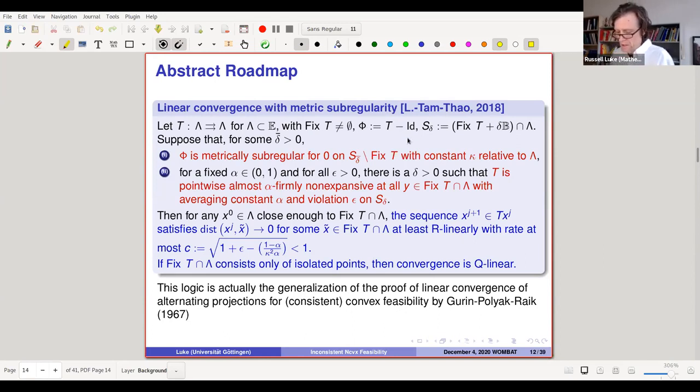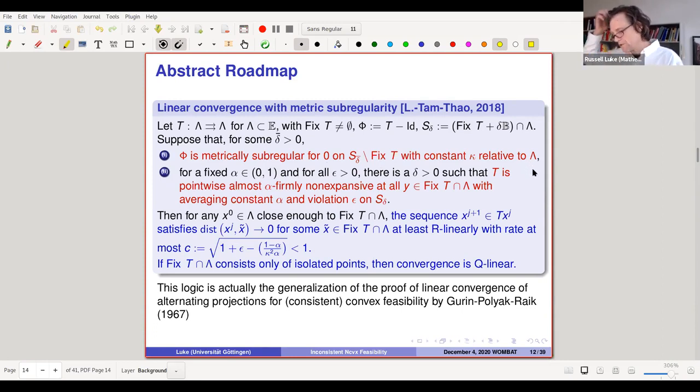We're looking at the residual of T. With delta, I'm going to blow a ball around the set of fixed points restricted to this lambda subset. And I would suppose for some ball around the fixed points that this residual mapping is metrically subregular for 0 on this ambient space relative to lambda.